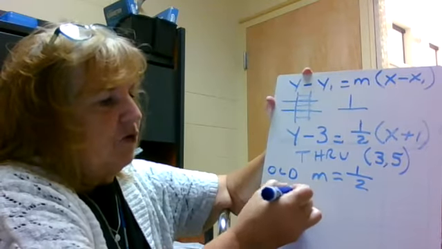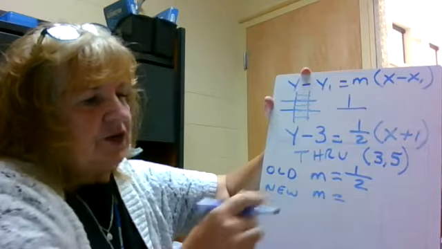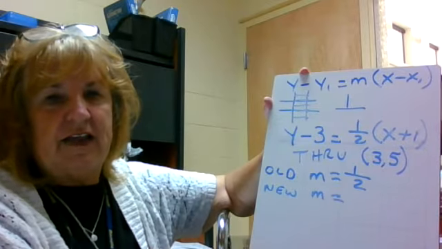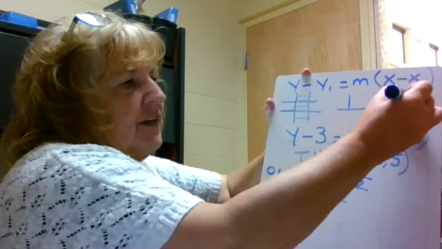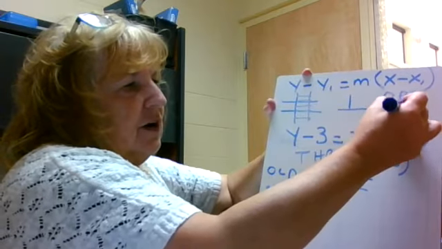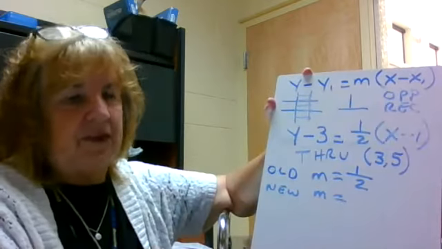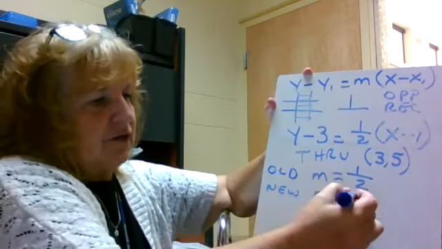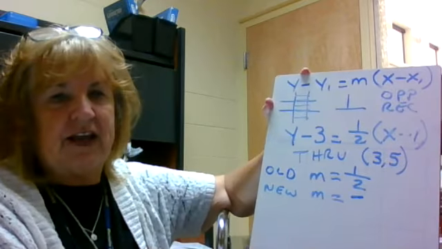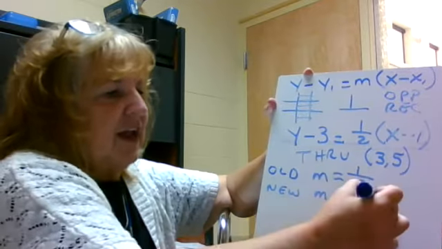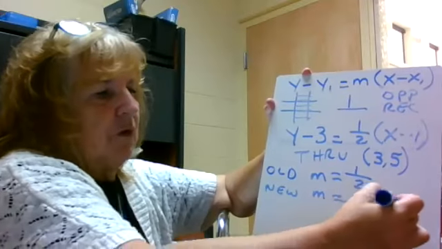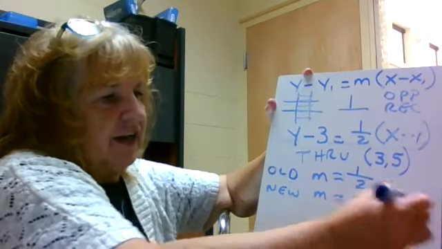Now, if these are going to be perpendicular to each other, then we have to do perpendicular slopes. So we have to do opposite reciprocals. This is positive, so my opposite's going to be negative. This is 1/2, so my reciprocal will be 2/1, or just -2.